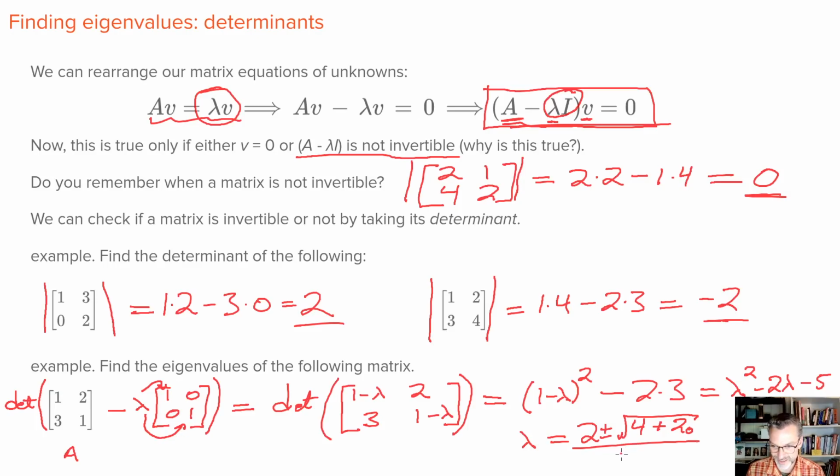It looks like it's fairly complicated. So then I would have 1 plus or minus the square root of 24 over 2. And you could simplify it if you want. But these are the eigenvalues for this matrix.